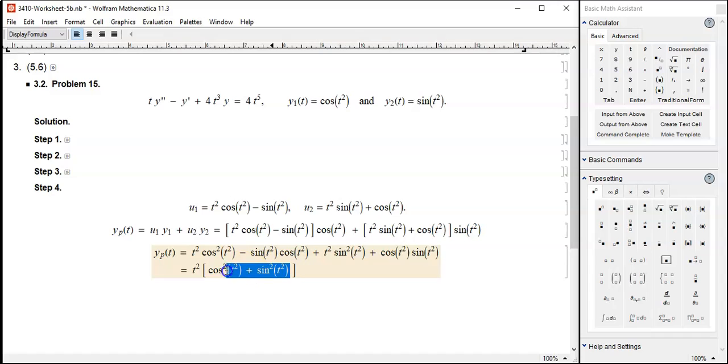Okay, what is sine squared plus cosine squared? That's equal to 1, so that's equal to t squared. Oh my goodness, I got something amazingly simple. So this is a particular solution. So the general solution must look like this.